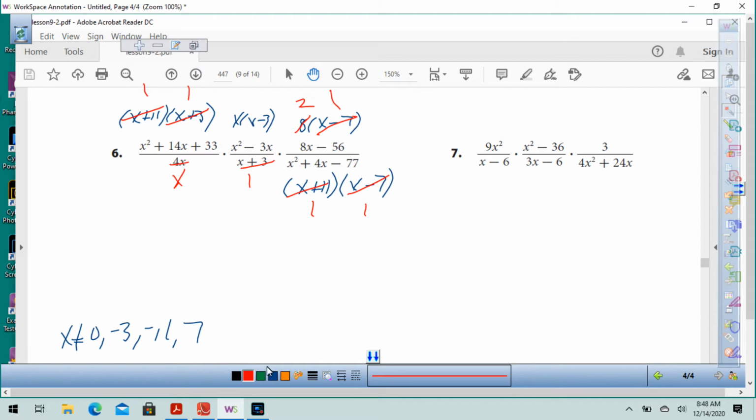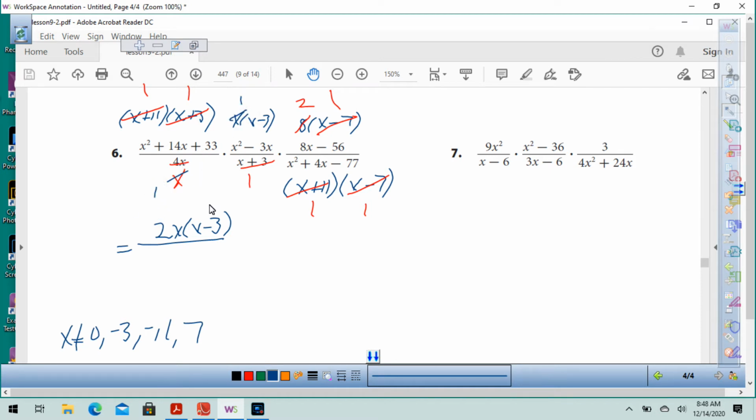All right, what do we have left? 1 times 1x times 2, so we're going to have 2x times x minus 3. And that's going to be over, I missed one, that's a 1 and that's a 1.